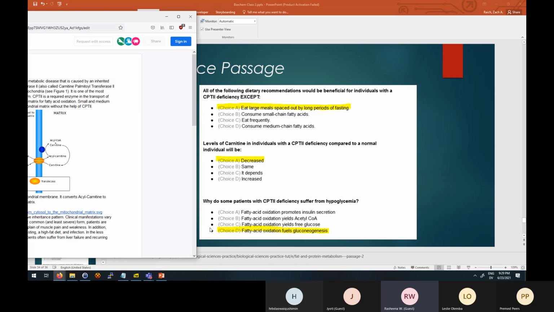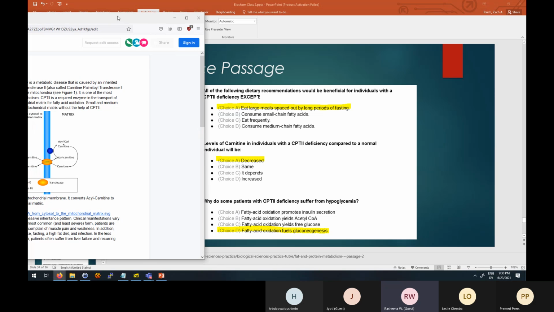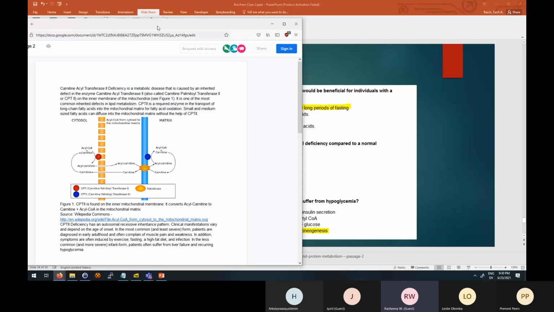And I think fatty acid oxidation does yield acetyl-CoA, but it's a better answer. So fatty acid oxidation fuels gluconeogenesis, because without CPT2 it doesn't make the carnitine protein, which transfers acetyl-CoA from the cytosol to the matrix, which fuels the citric acid cycle and other things.